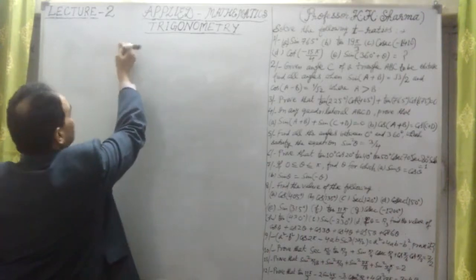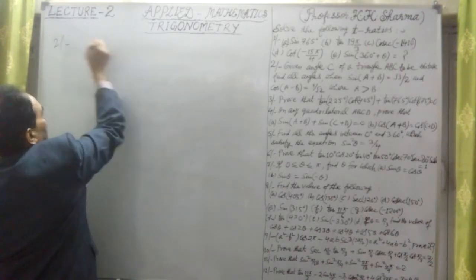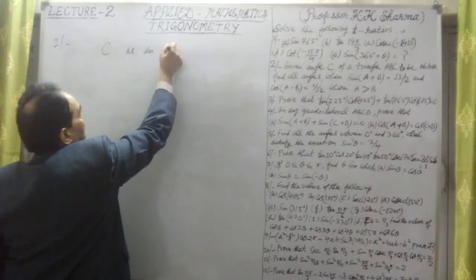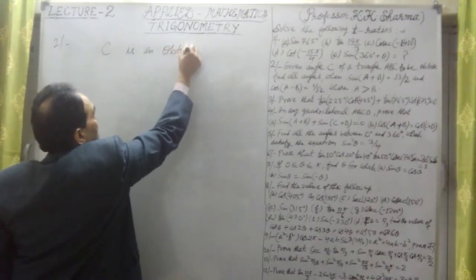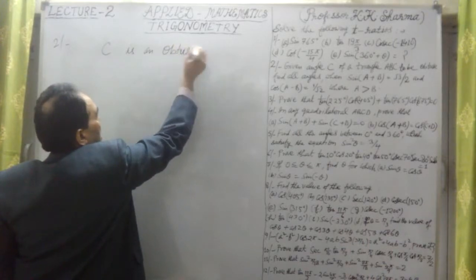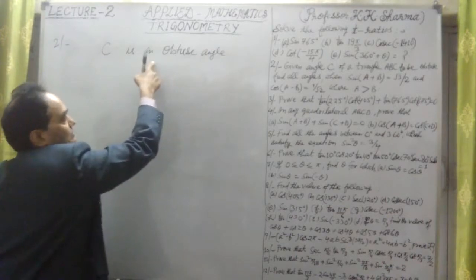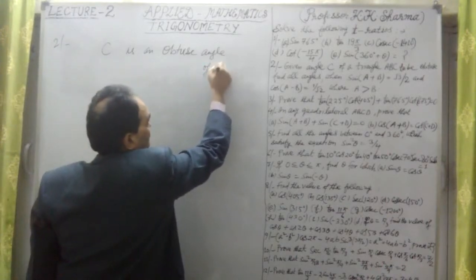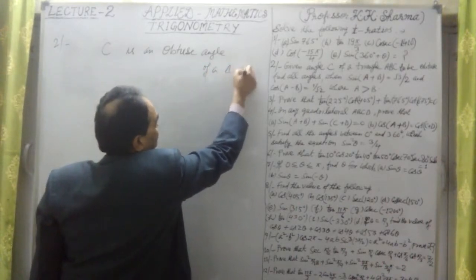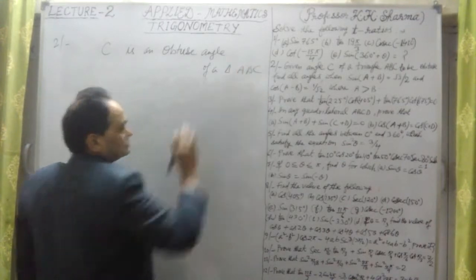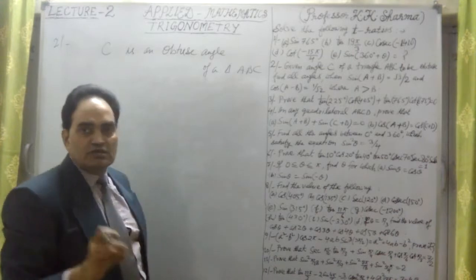What is given to us? Question number 2 says C is an obtuse angle, more than 90 degrees. There is a triangle ABC in which angle C is obtuse, more than 90 degrees.